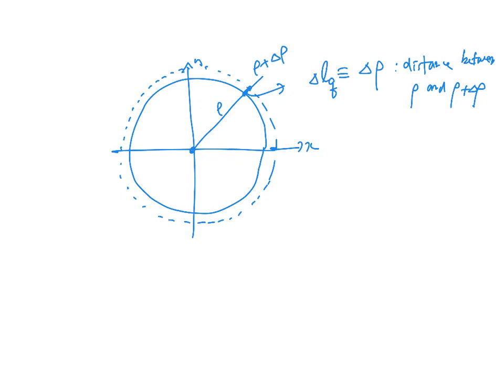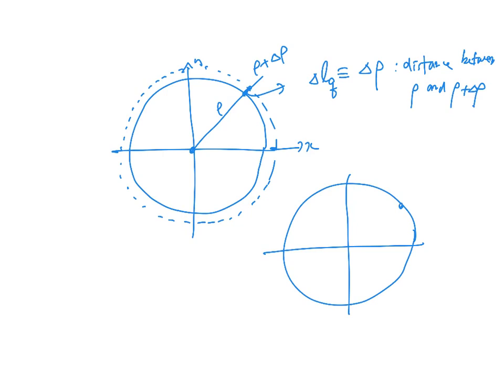But on the other hand, if we have a case PQ, this is phi, this is delta phi, and this is rho. What is this distance?